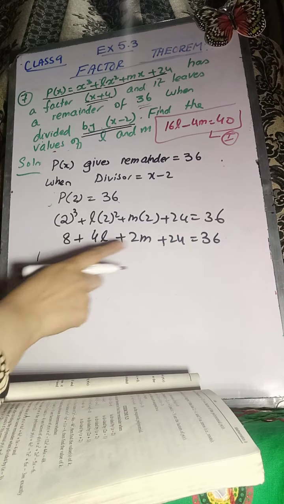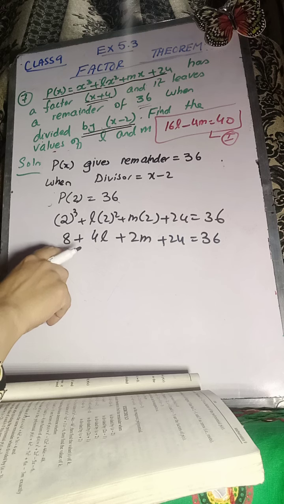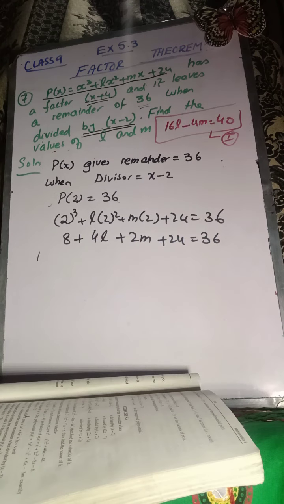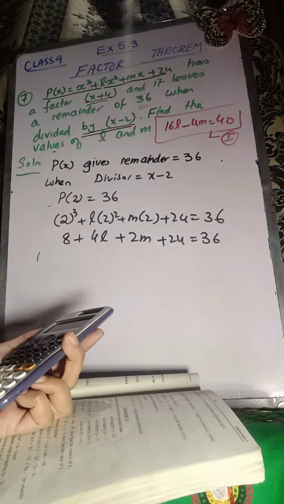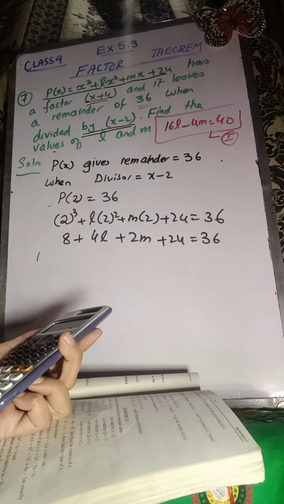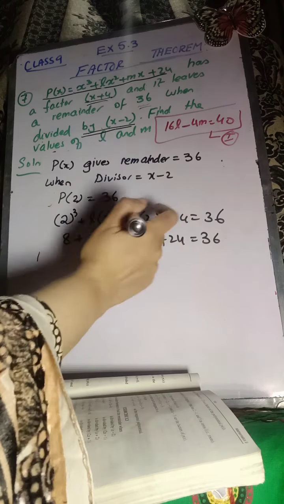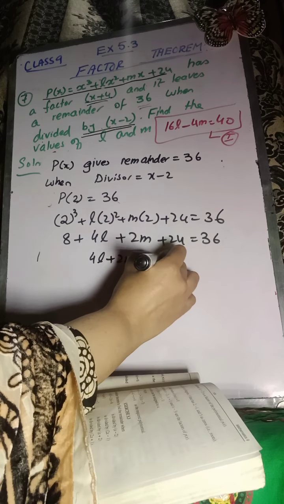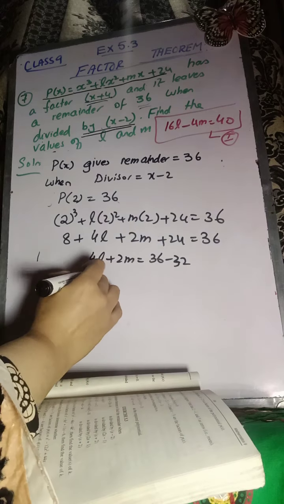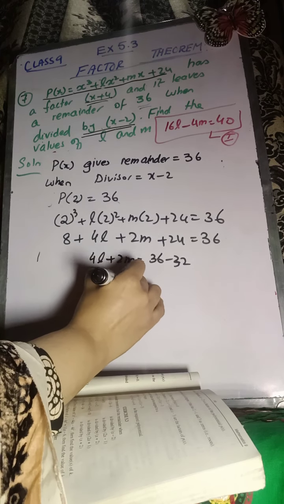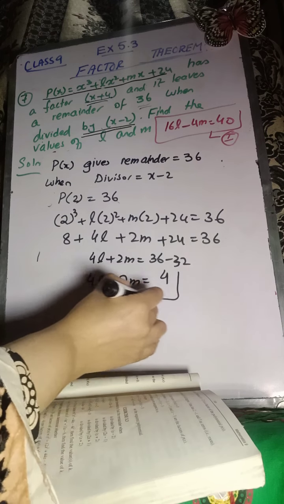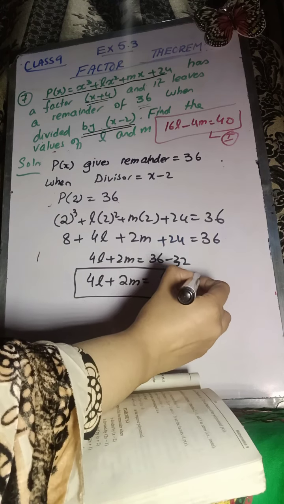I'm going to add 24 and 8, and then shift it to the right hand side. 8 plus 24 is equal to 32, and when shifted to the right hand side this will give us 36 minus 32, which is 4. This will be the second equation.